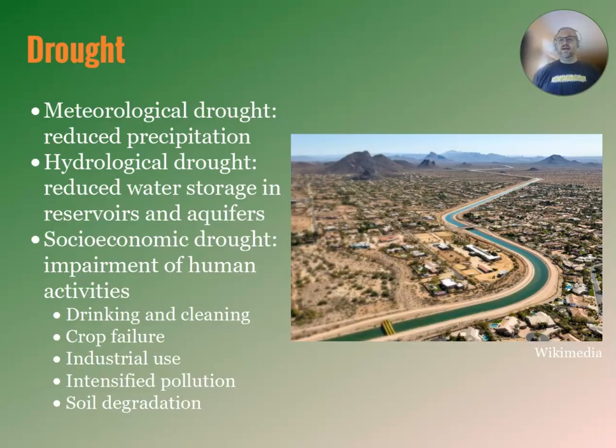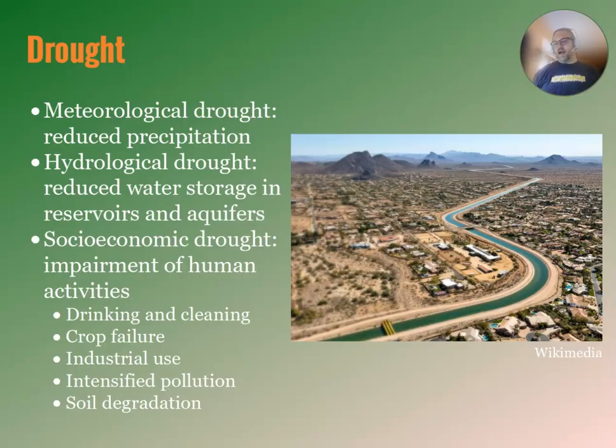If we're in a meteorological drought for long enough, we progress into a hydrological drought. So hydrology is water systems. So when we're in a hydrological drought, we have reduced water storage in reservoirs and aquifers. So if we have just like 1 year of very low rainfall, there may still be plenty of water around for everybody to use because our reservoirs are still full from the previous good rainfall years.